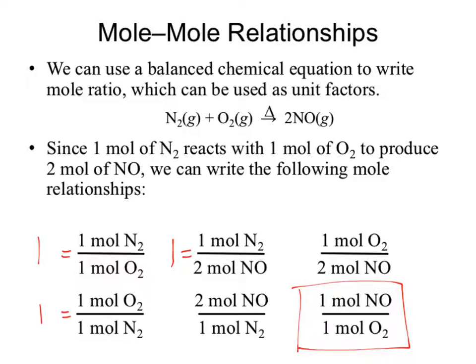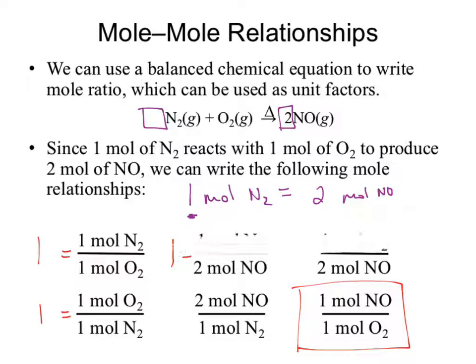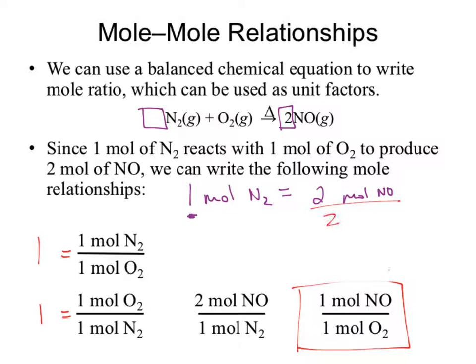So let's take a look at that lower right-hand corner. We take 1 mole of N2. Where did I get the 1 from? It's the coefficient from the balanced equation. Equals moles of NO. What number should show up in front of the moles of NO? 2. If I want to now rearrange that equation mathematically, I can divide both sides by 2 moles of NO. Am I allowed to do that?